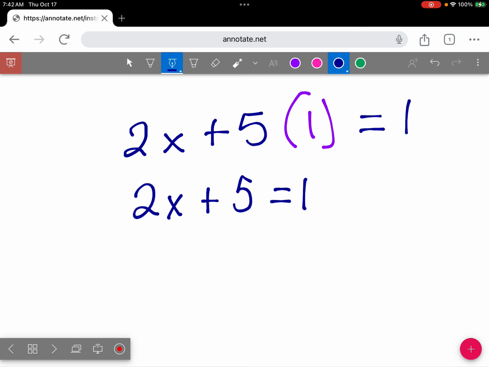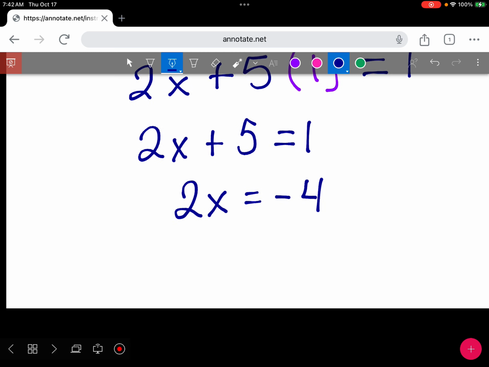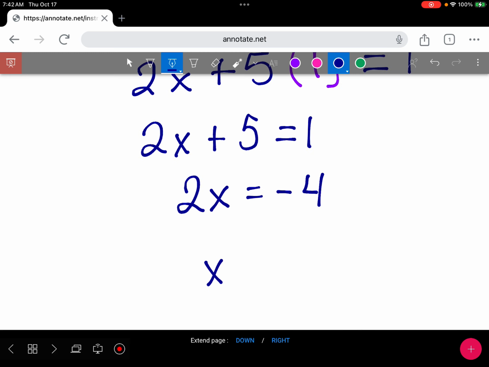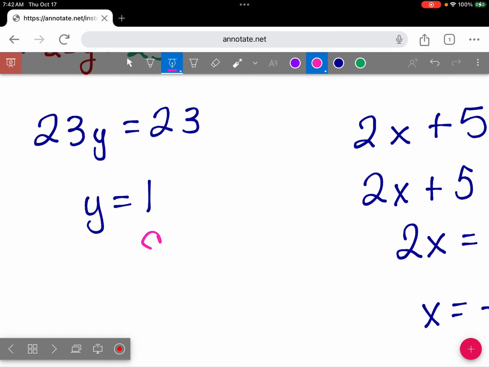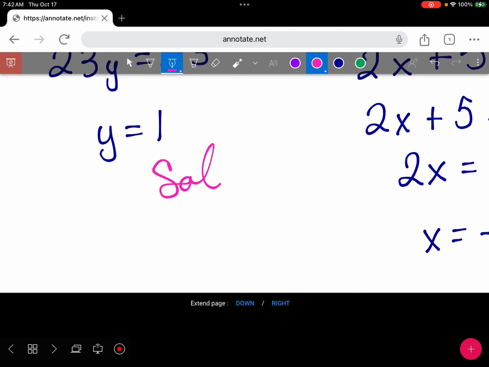We're going to subtract 5. So we've got my 2x equals 1 minus 5 gives me negative 4. So what does my x equal? Negative 2. So my solution is the point negative 2, 1.